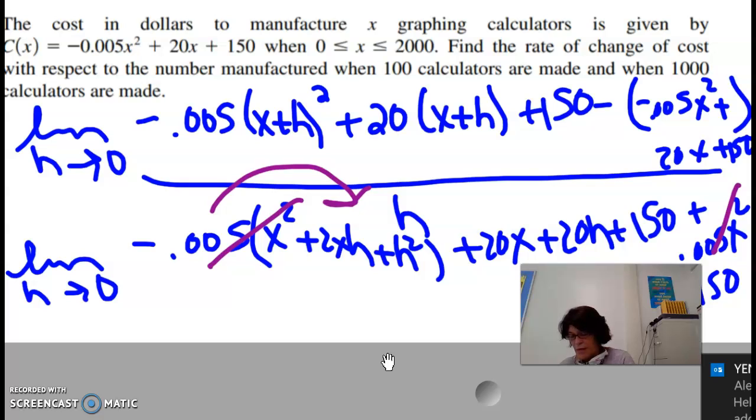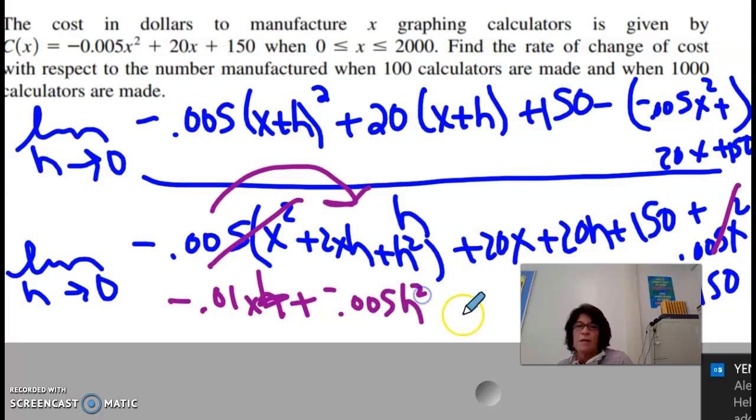Negative 0.005 times 2xh will be negative 0.01xh plus negative 0.005h squared. It looks like the 20x's go away, the 150's go away, so I just have plus 20h here. Okay, and that's all over h.